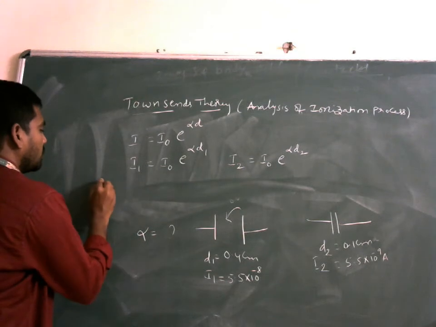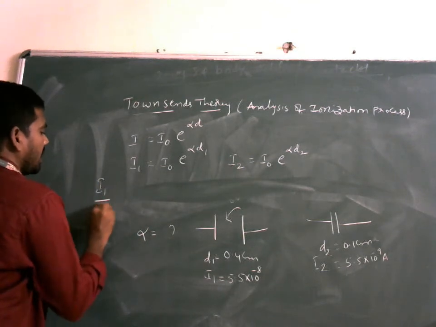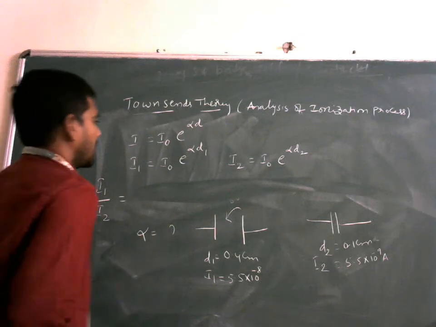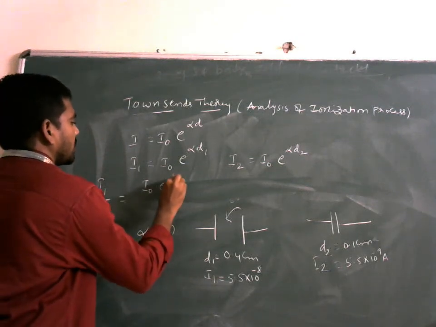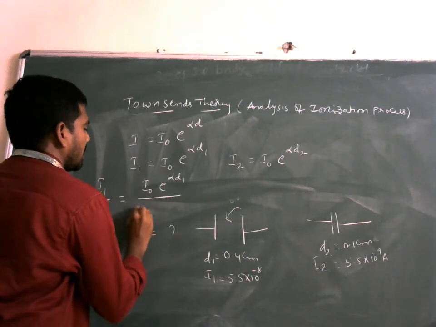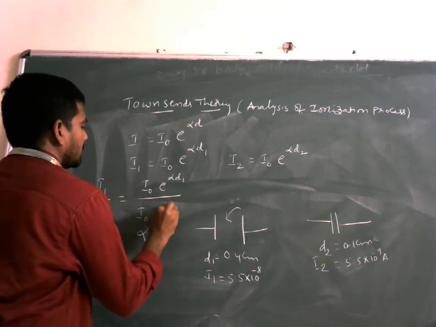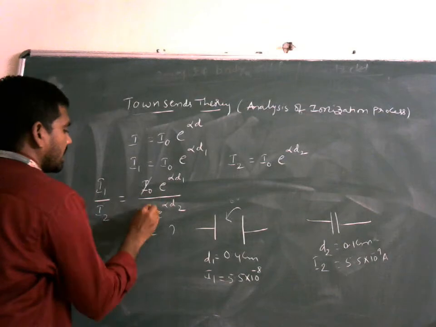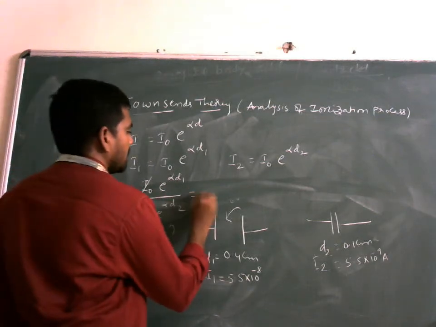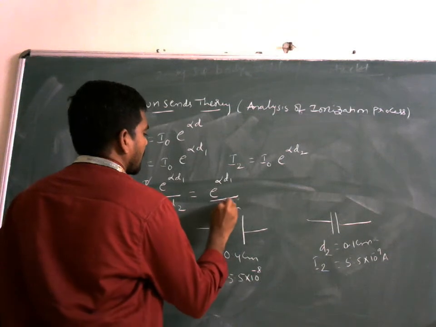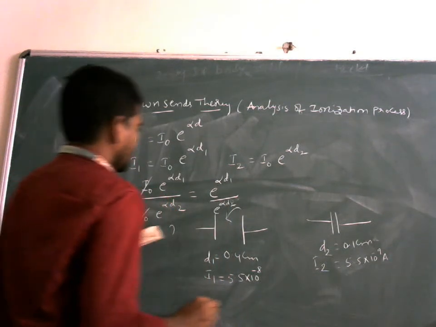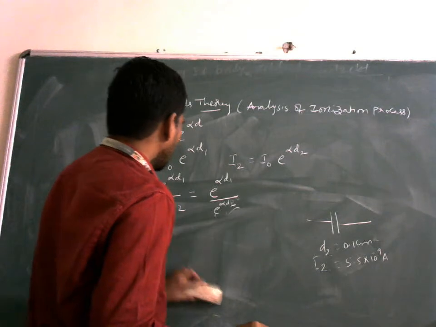If I take I1 by I2, we get I naught into e power alpha d1 by I naught into e power alpha d2. So I naught cancels, and we get e power alpha d1 by e power alpha d2.